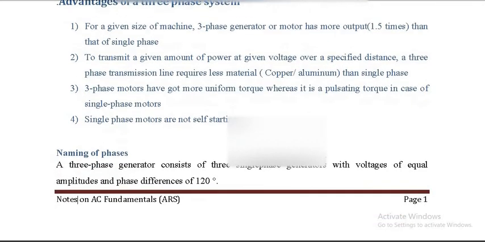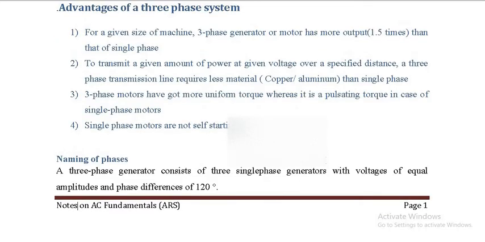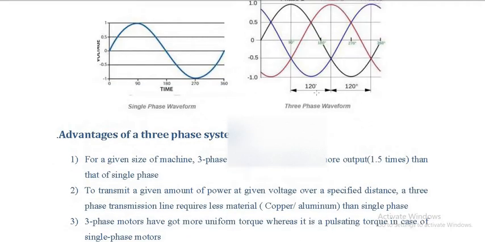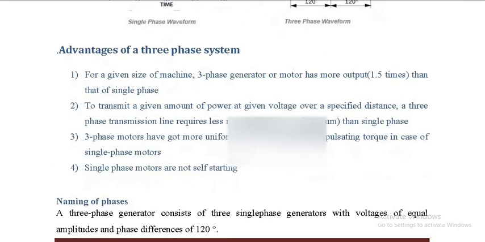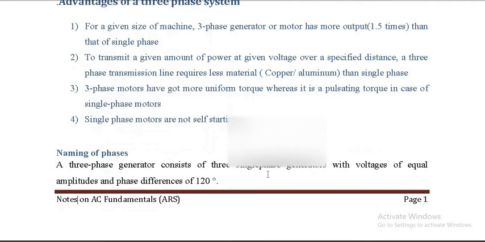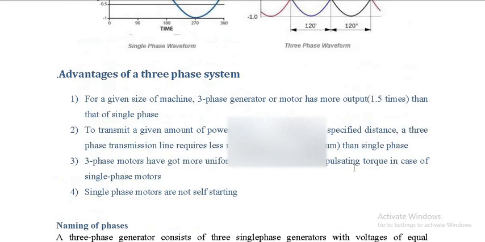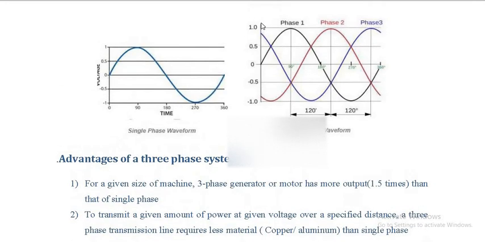Naming of the phases: when we talk about these three phases, they are 120 degrees apart, as I have already said through this diagram, if you remember. They have phase differences of 120 degrees, but they have equal magnitude. You can see over here their peaks coincide. So magnitude-wise they are absolutely the same, but the difference is in the phase.